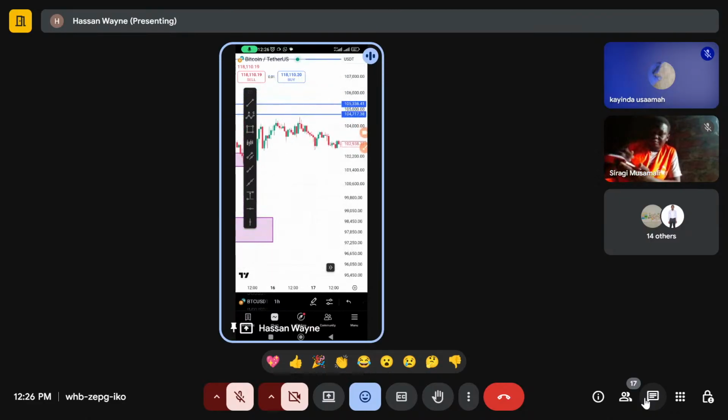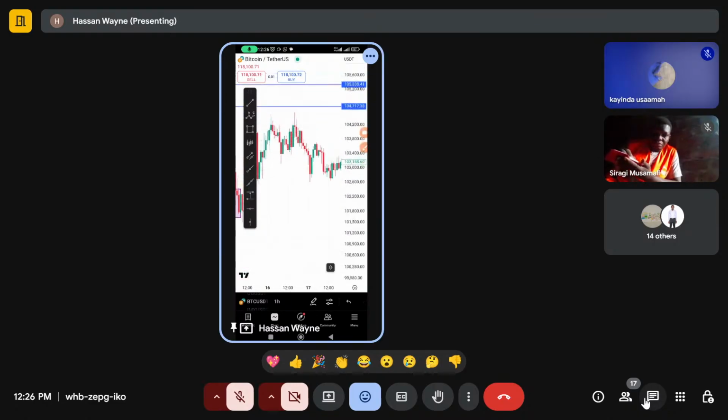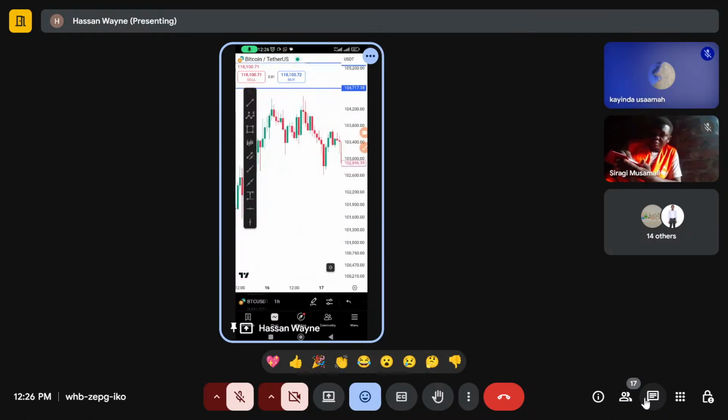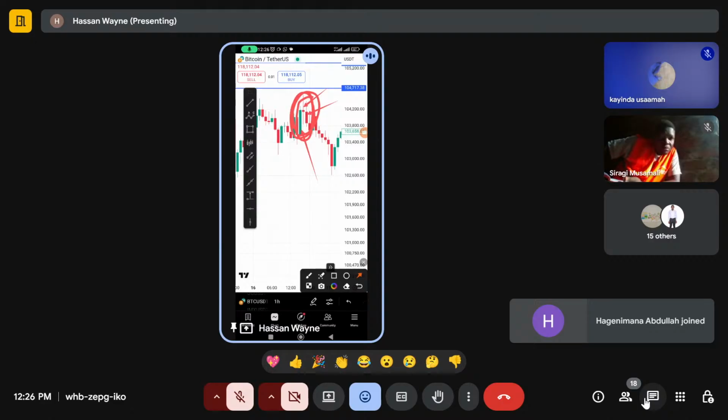There's one here. I've seen these three candles. There's the green one, and there's a doji here, followed by a bearish candle.